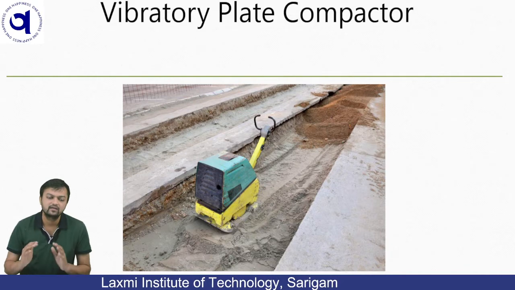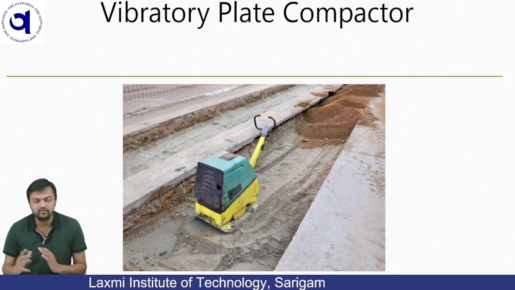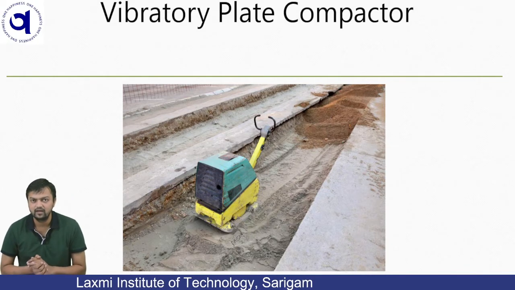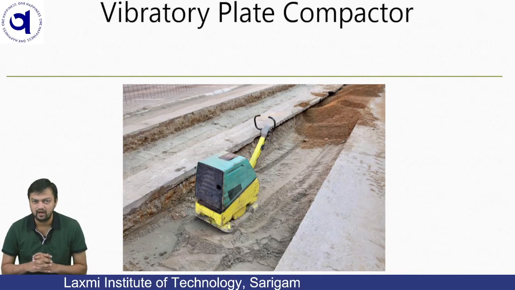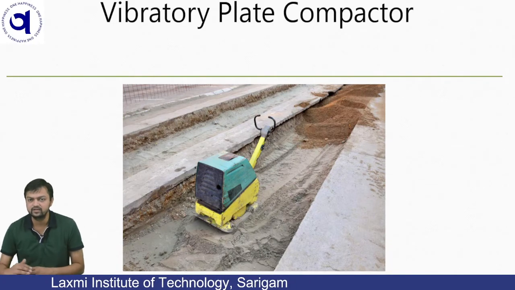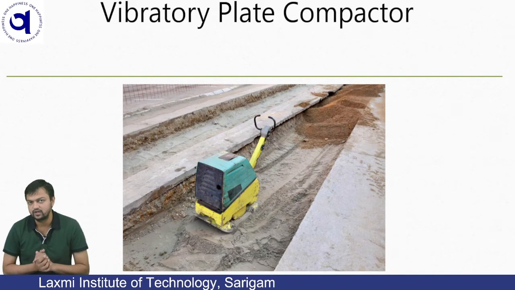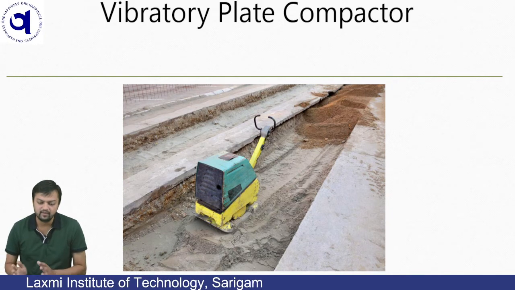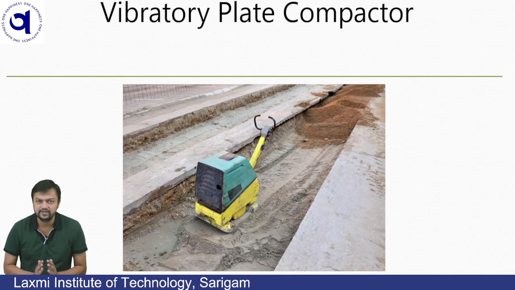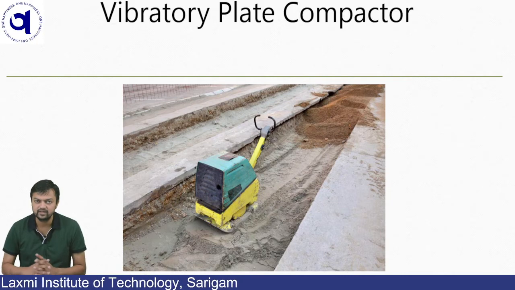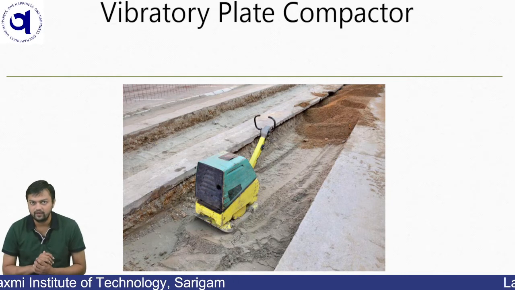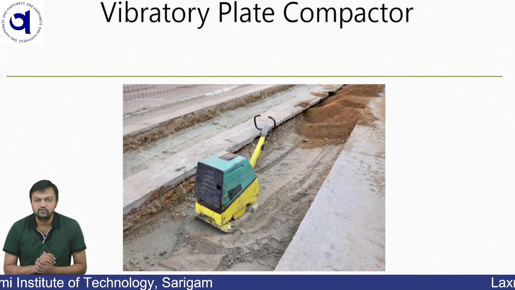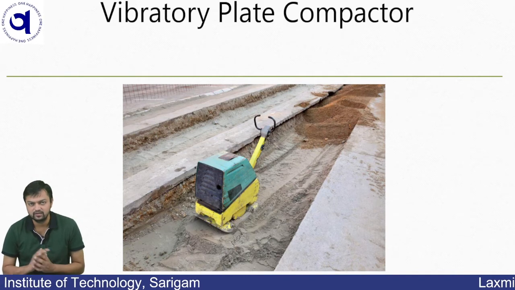The last layer will be the wearing course on which we can drive our vehicle after preparation of the wearing course, that is the pavement course, the top course. So based on the type of soil and the depth at which we get a harder surface upon which we can lay our layers, we have to use different compactors according to that.